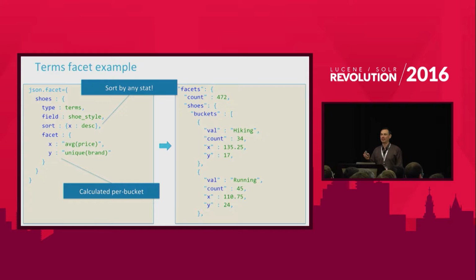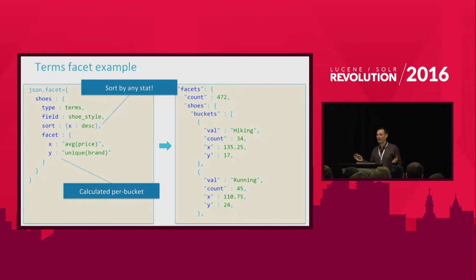This will create a facet bucket for each unique shoe style. And then we sort by X descending, and X we define later. This is something that we can't do in Facets version 1. Facets version 1 really only calculates counts and sorts by counts. That was the whole deal of faceting in the past. It was just all about counts.